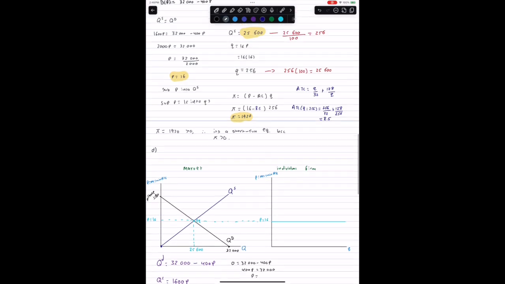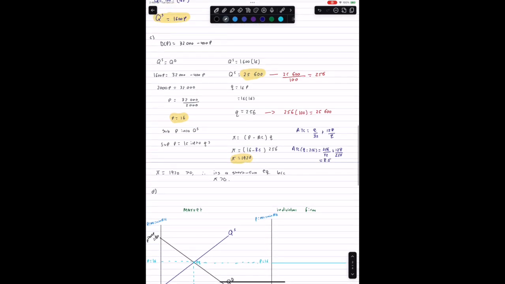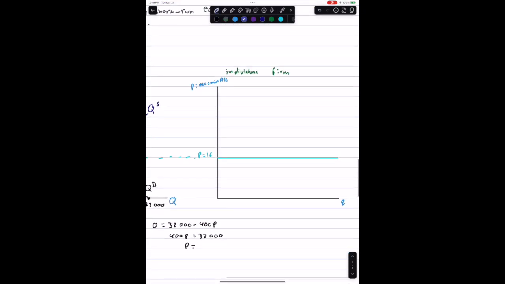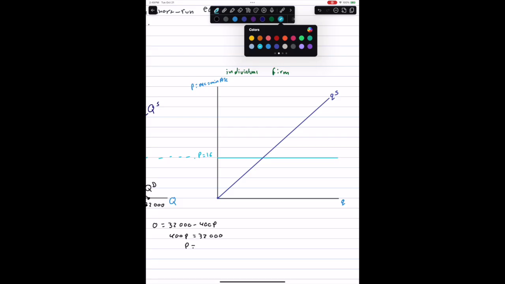Now, we know that each individual firm supplies 16p, right? Again, so we can draw our individual firm supply line like this. Let me get another color here, and let me just make sure my graph is right. We know that profit is maximized when the marginal cost is equal to the price, which is equal to the average total cost.